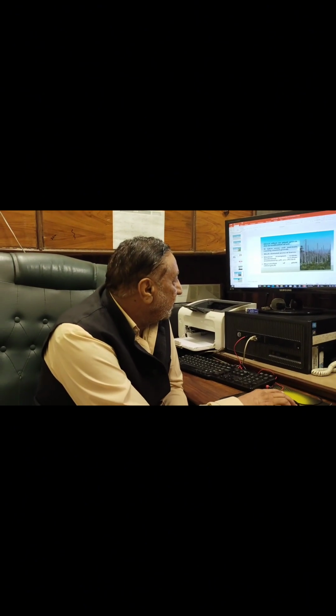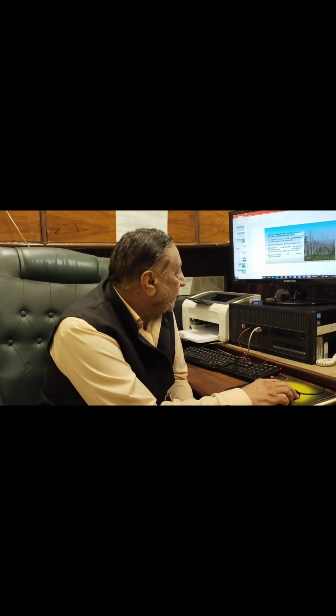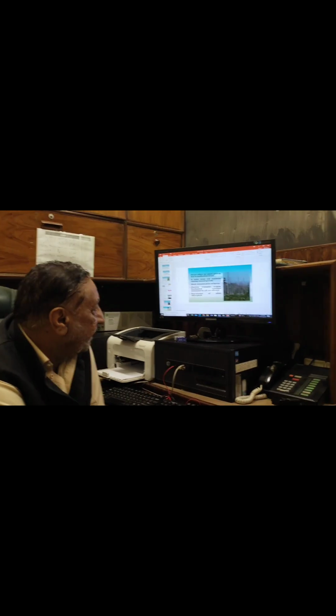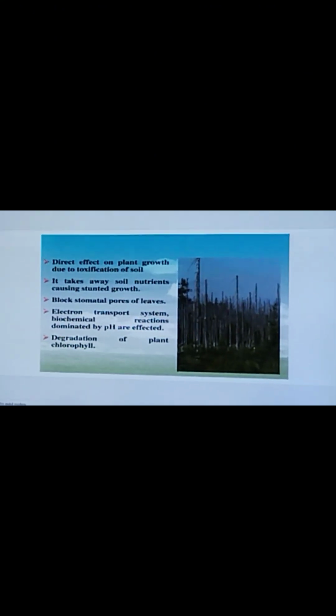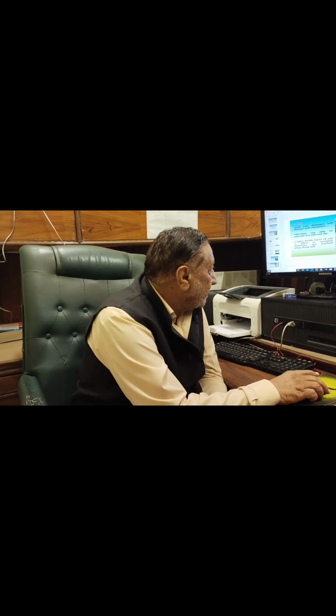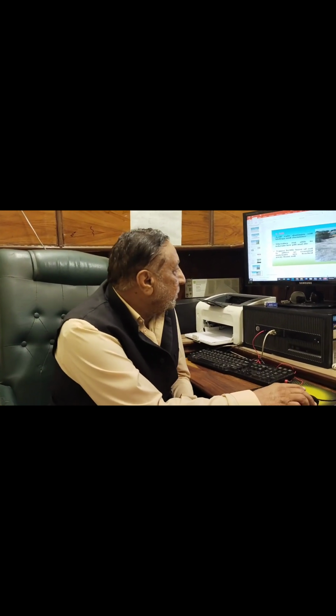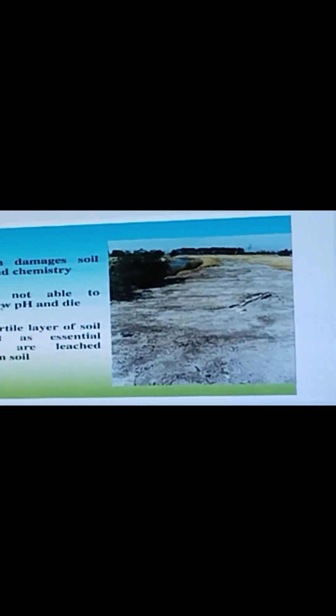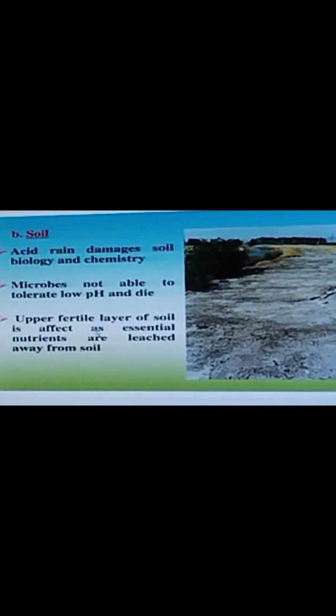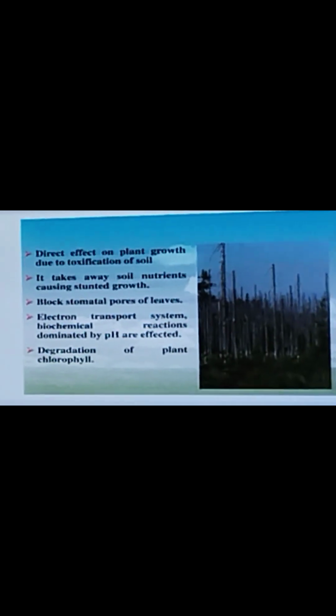The electron transport system and biochemical reactions dominated by pH are affected, and it blocks the stomatal pores of the leaves. And even, in my opinion, the eyes are affected, skin is affected, and more cancers are caused because of the acid rain.